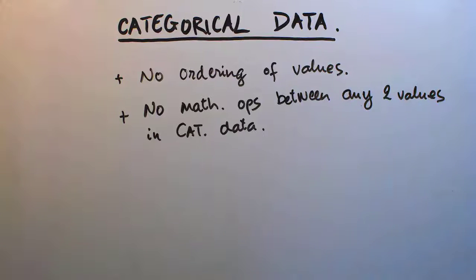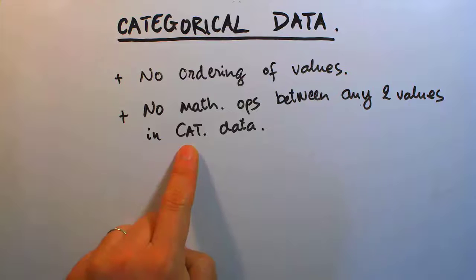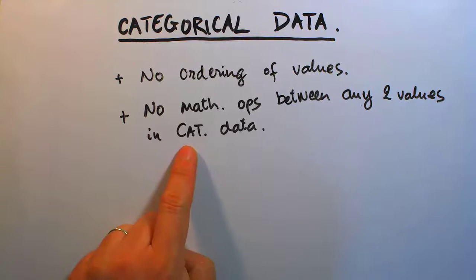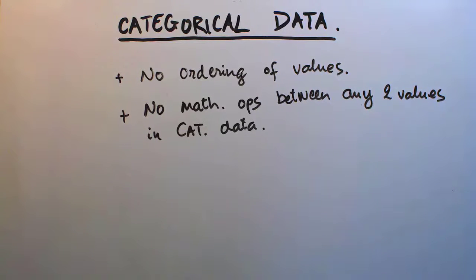And sometimes you might recognize I use the term cat data, which represents categorical data. And so if working with categorical data does not allow us to put data in order, and does not allow us to do any mathematical operations, then the big question now is, what can we do with categorical data?